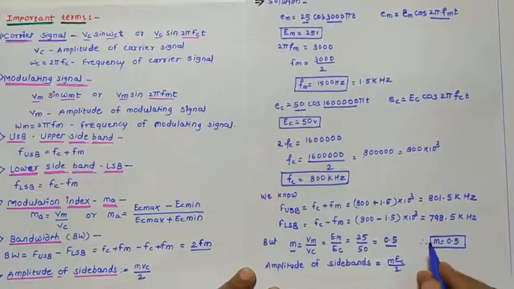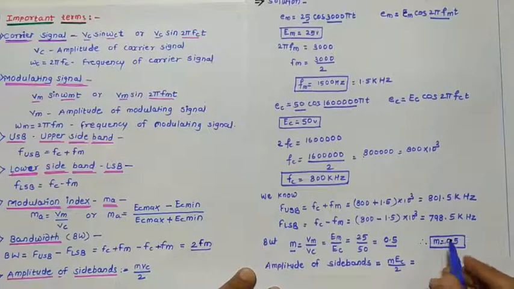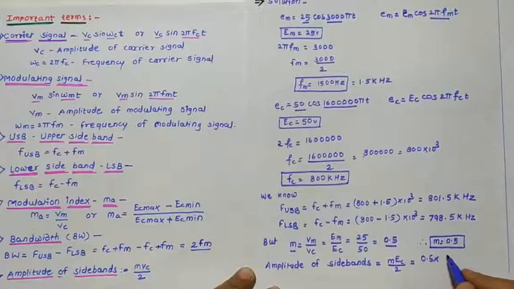Okay, so it is given here M is 0.5, Ec is 50 upon 2. So finally the amplitude of sideband is equal to 12.5 volt.